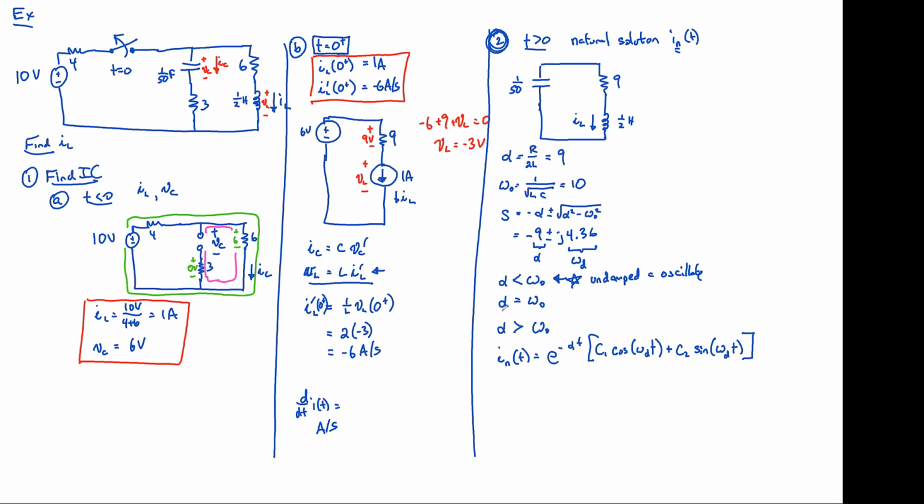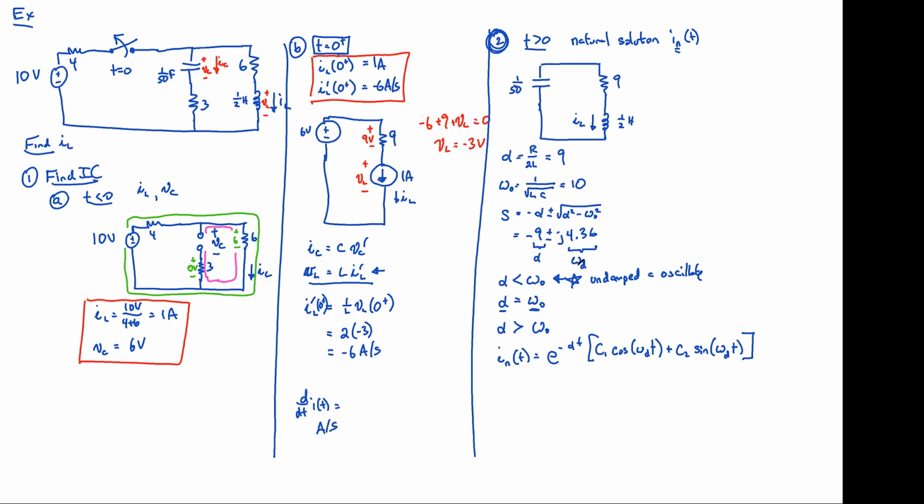Intuitively, alpha is how much the circuit wants to dampen. If alpha is really big, it means your resistor is really, really huge and it takes forever for the circuit to slow down. It's not going to oscillate if that's the case. Omega sub naught is a measure of how much the circuit wants to oscillate. It's actually the frequency that the circuit would oscillate if the resistor was 0.